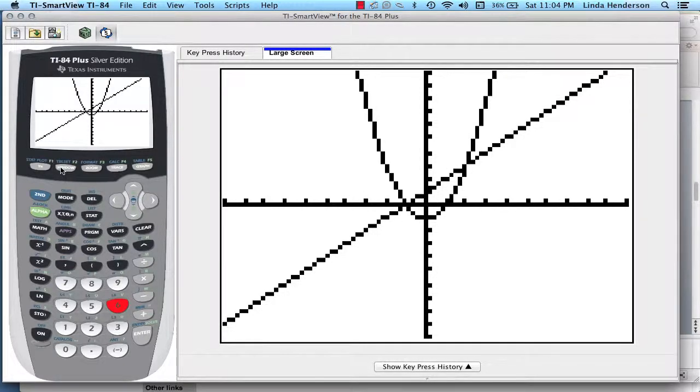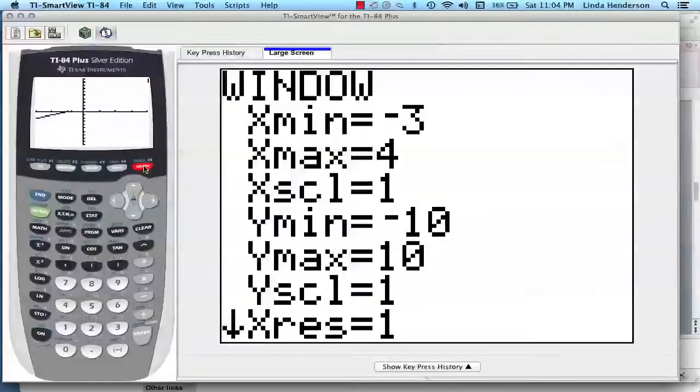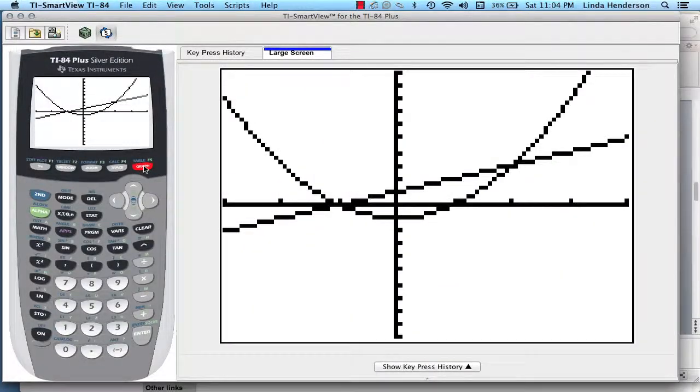So let me change the window a little bit so we can see it better. It looks like it goes from -1 on the left over to probably 2. You would have to find those points of intersection because they're going to become your limits of integration.